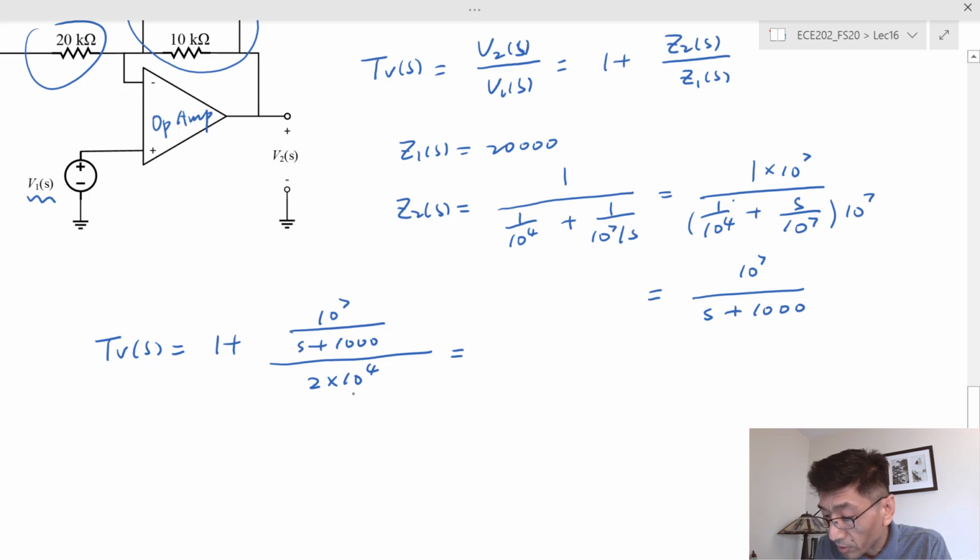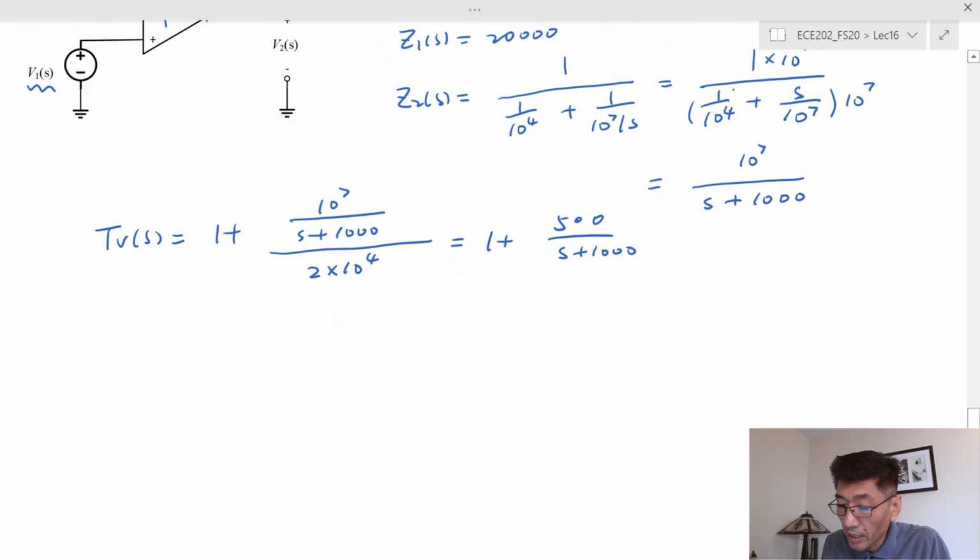So 10 to the power 7 divided by 10 to the power 4 is 1,000, divided by 2. I got 500. So that's 1 plus 500 over (s plus 1,000), not 5,500. So this is T_V(s).